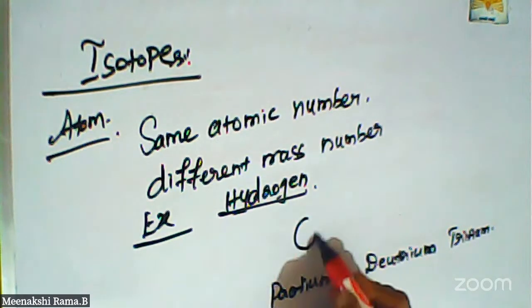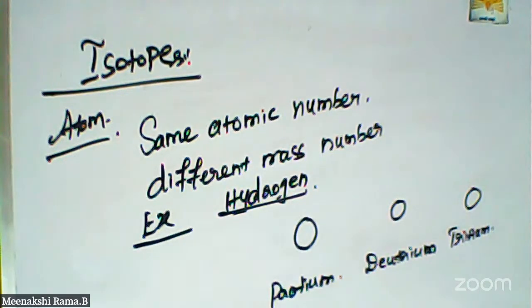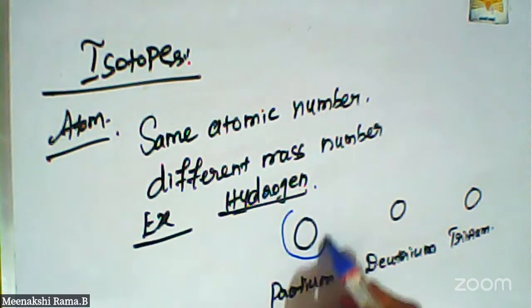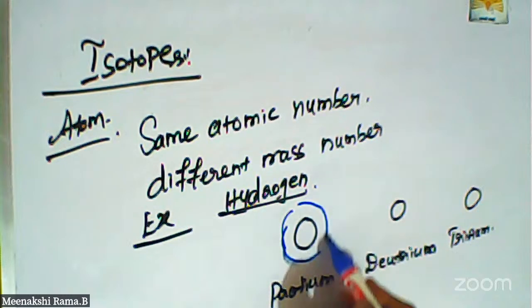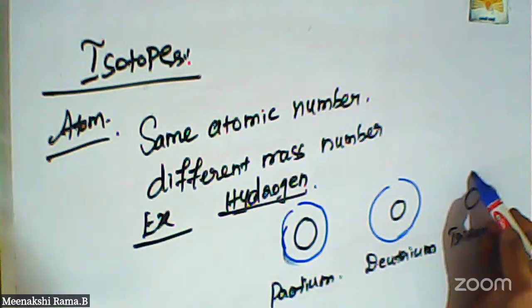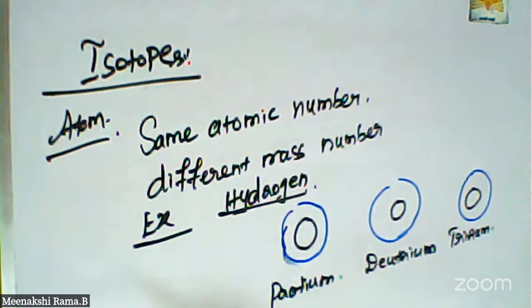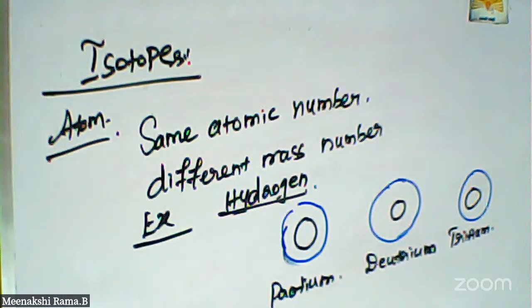The center part is the nucleus. The nucleus contains protons and neutrons. Protium contains only one proton in the center and then one electron.